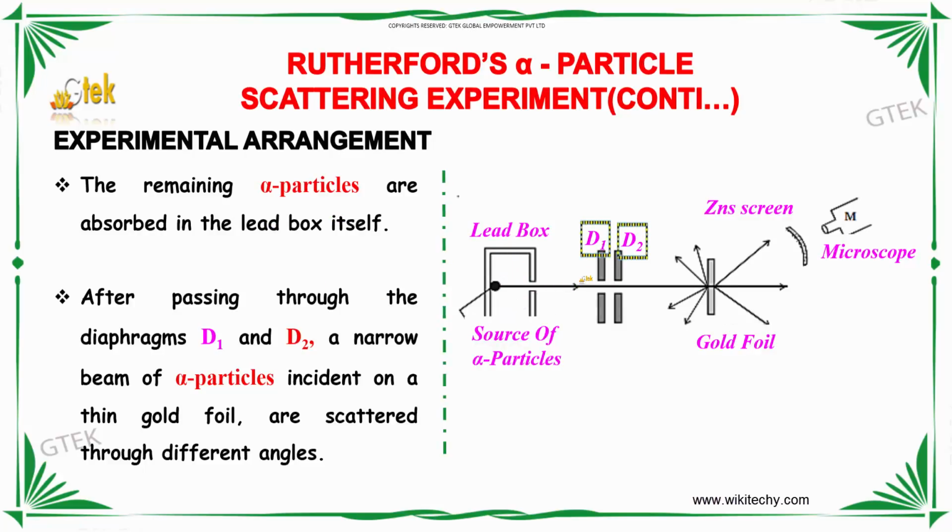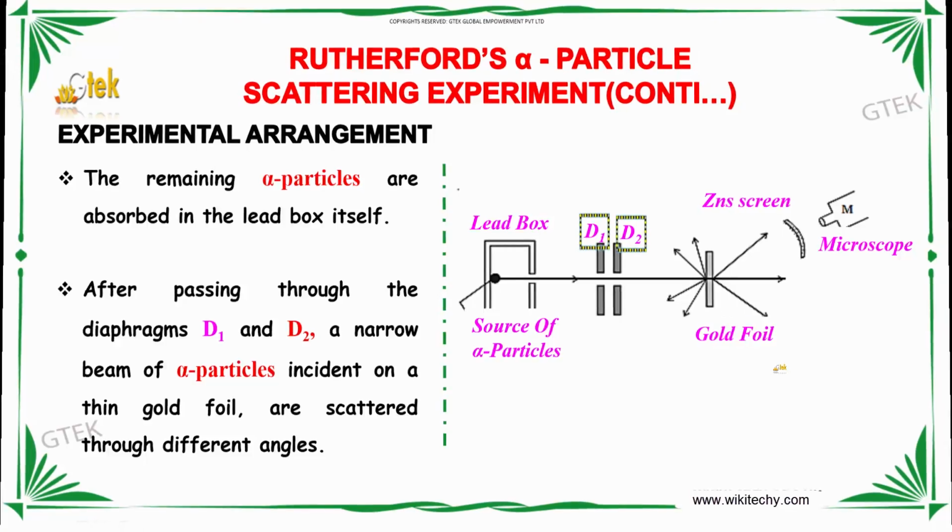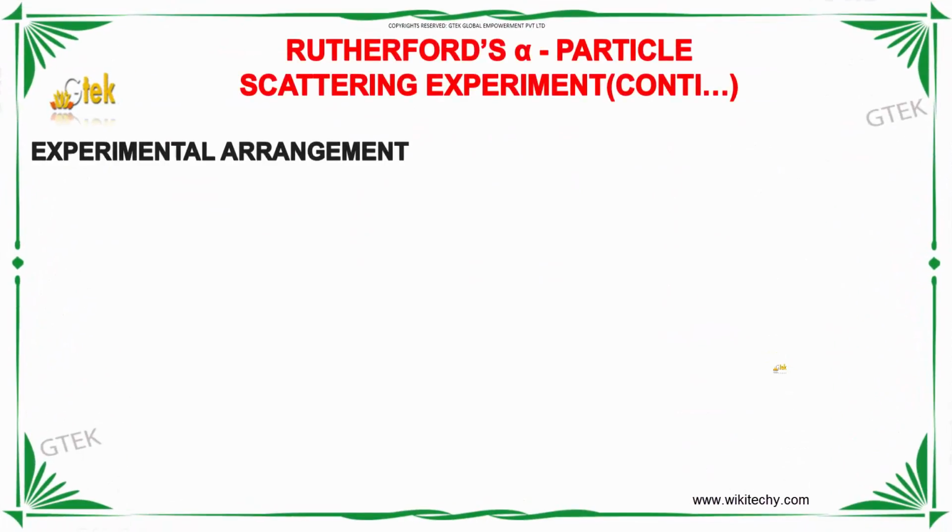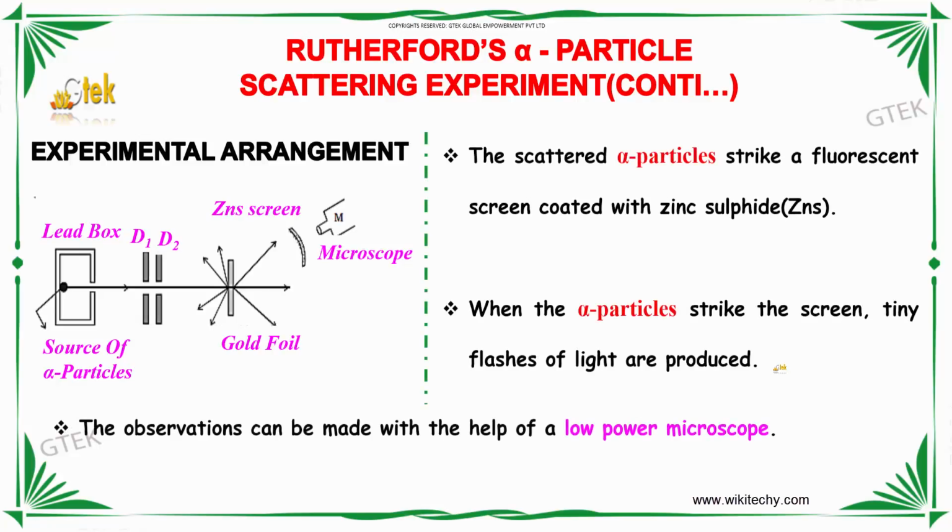After passing through the D1 and D2 diaphragms, a narrow beam of alpha particles is incident on a thin gold foil, and it is scattered in different directions, which can be viewed through a microscope. And there is a covered box, which is a zinc sulfide screen.